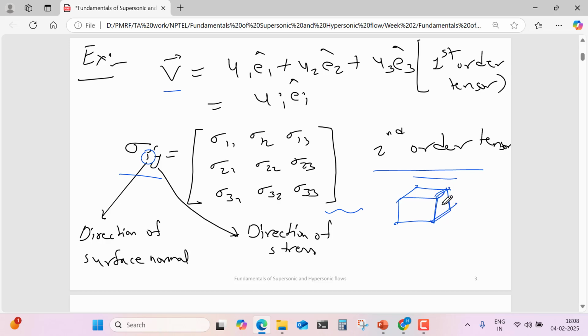Then this represents the direction of the surface normal. This is the i index, and on this surface there might be three different stresses, one normal and two tangential. So the second index represents the direction of the stress.